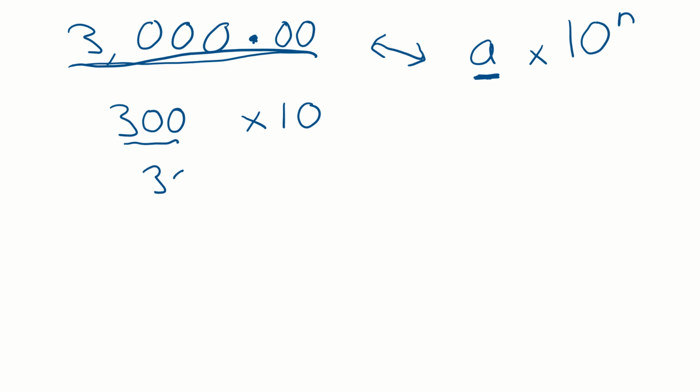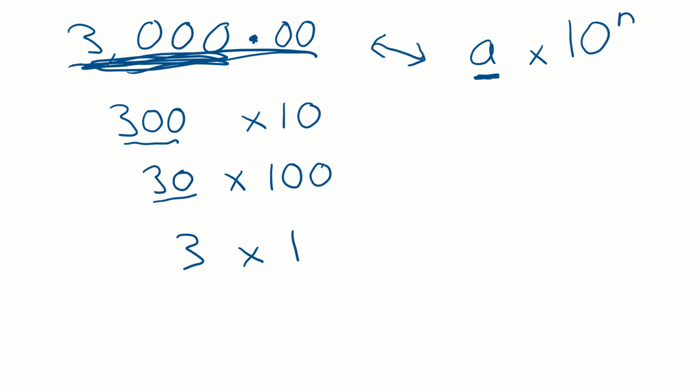So I'm going to rewrite this now as 30 by 100. Remember, our 3000 is the same thing as 30 by 100. We haven't changed the value of it, we've just changed the way it looks because that's what the question is asking us. And again, my 30 is not in between 1 and 10. So I'm going to try that one more time. I'm going to end up with 3 by 1000.